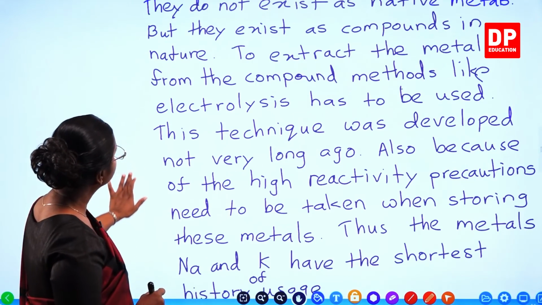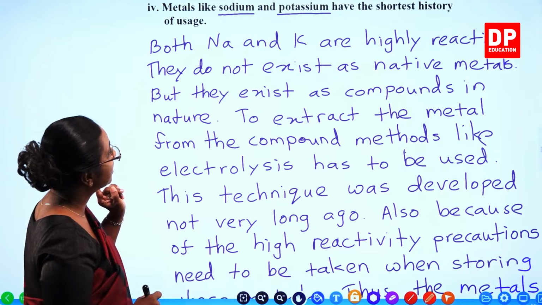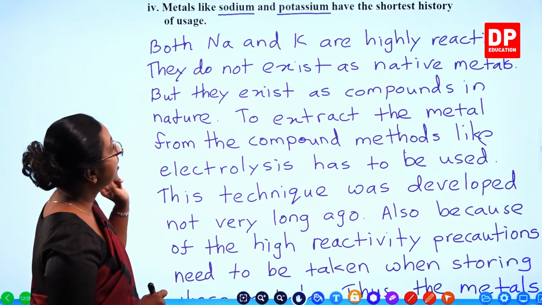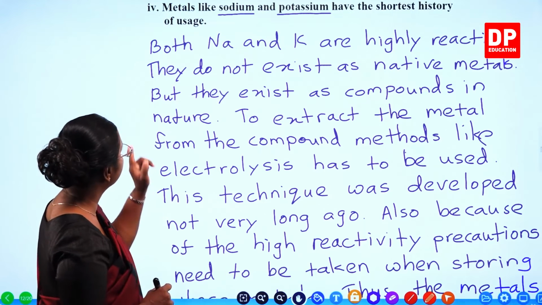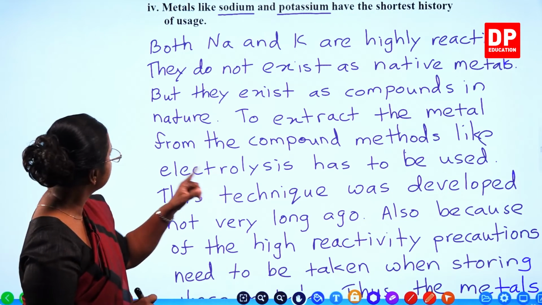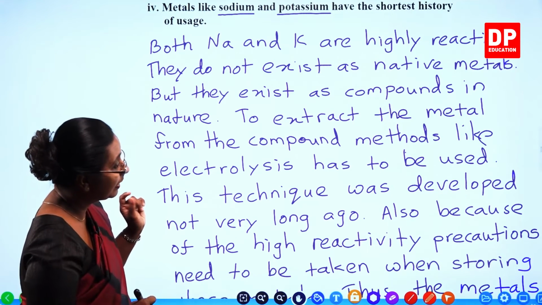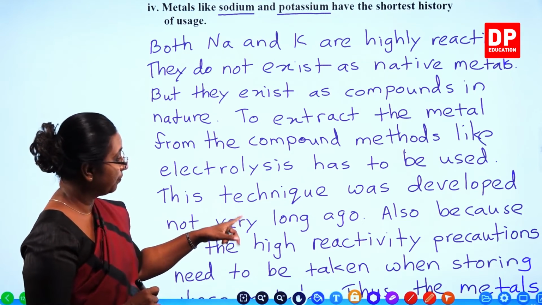If I go back, again you can see both sodium and potassium are highly reactive. They do not exist as native metals, but they exist as compounds in nature. To extract the metal from the compound, methods like electrolysis have to be used. This technique was developed not very long ago.